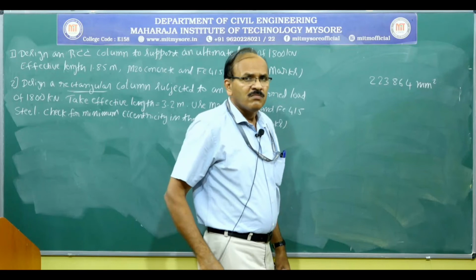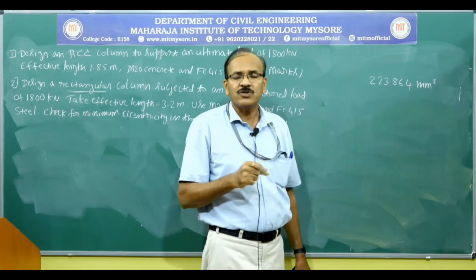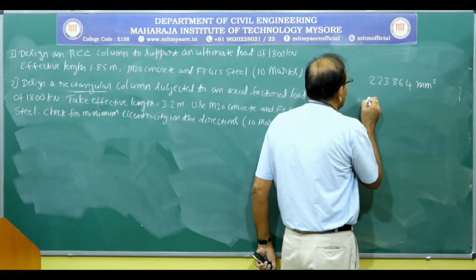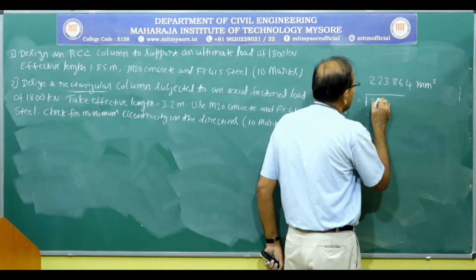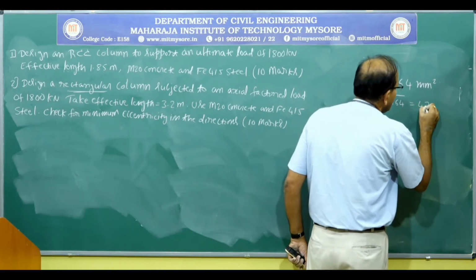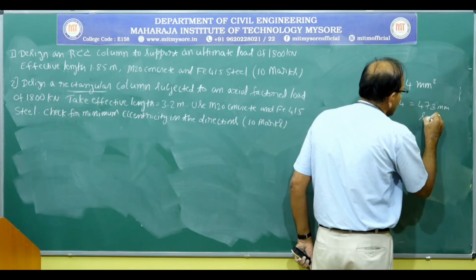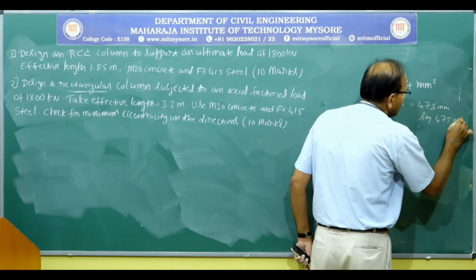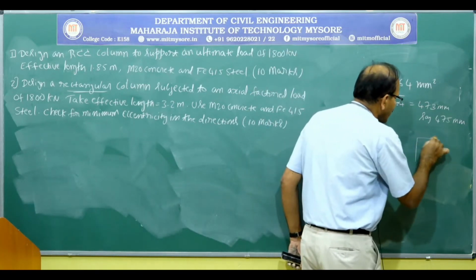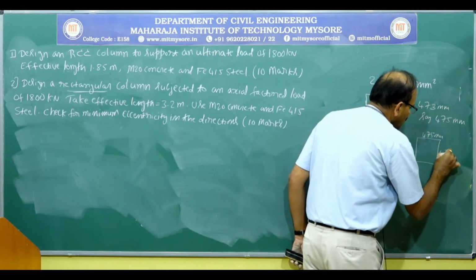Because we decided to design that column as a square column, we found out the dimensions of the square that turned out to be 473 millimeter. That is, say 475 millimeter. So we provided a 475 by 475 square column.